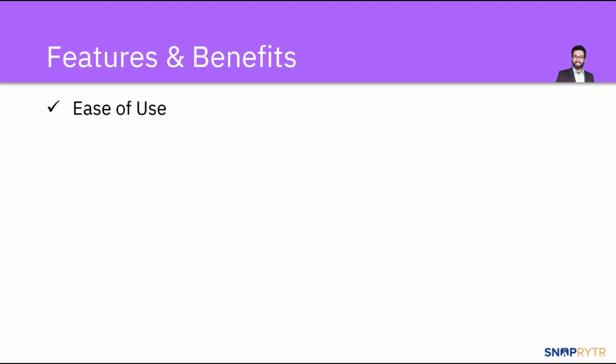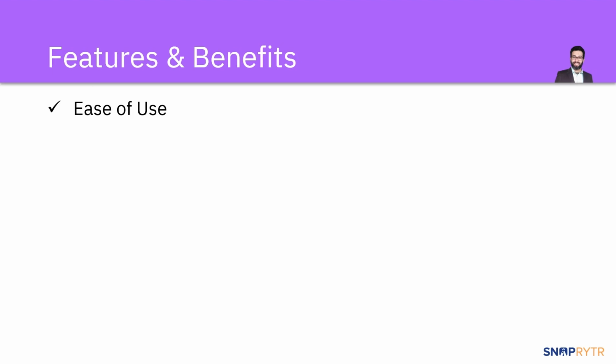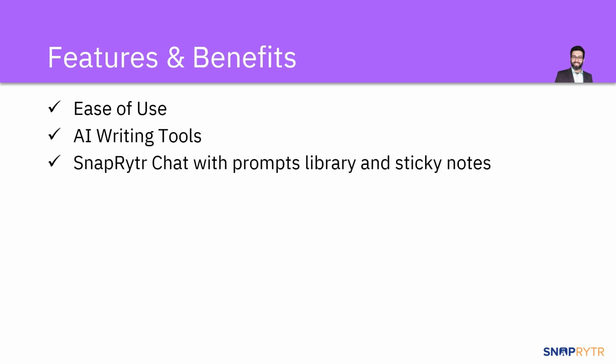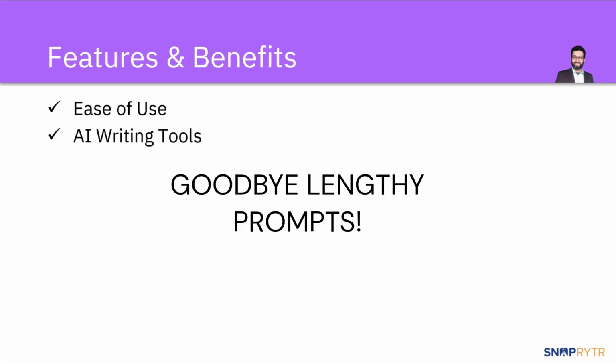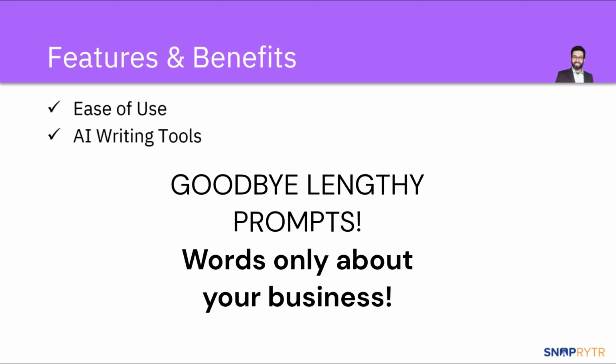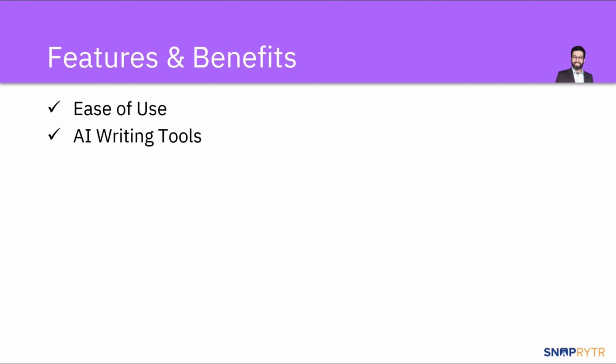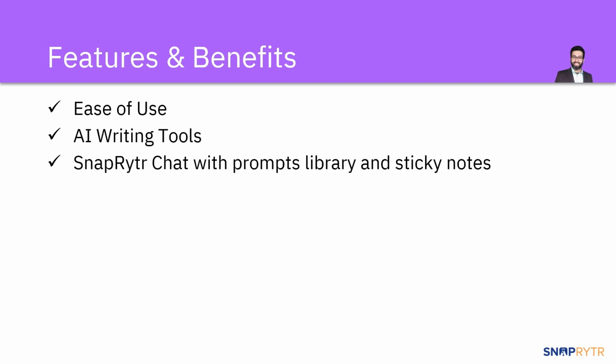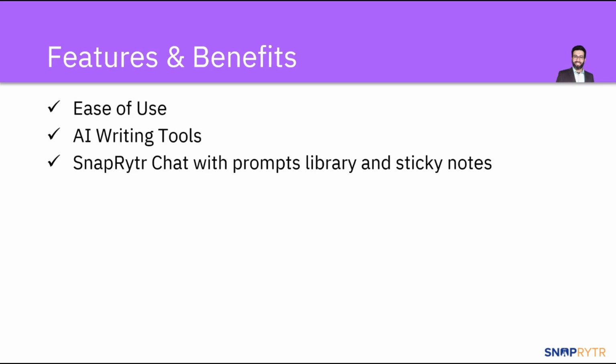First of all, SnapRytr is providing widgets. Widgets are simply some predefined prompts. If you are using a widget in SnapRytr, then you do not need to provide lengthy prompts. You would only need to type in just a few words to get your desired content. Then comes SnapRytr's chat tool. It's just like ChatGPT, only slightly easier to use.